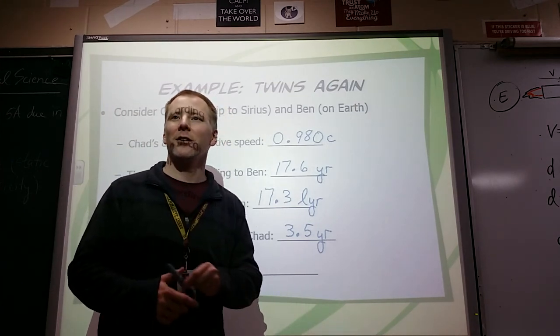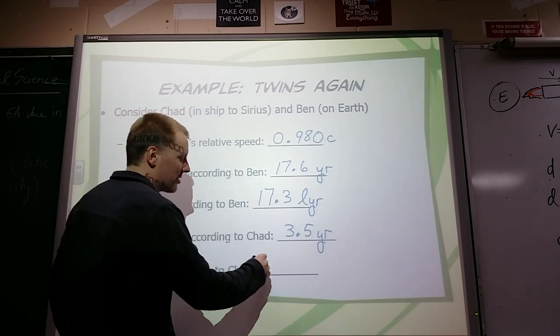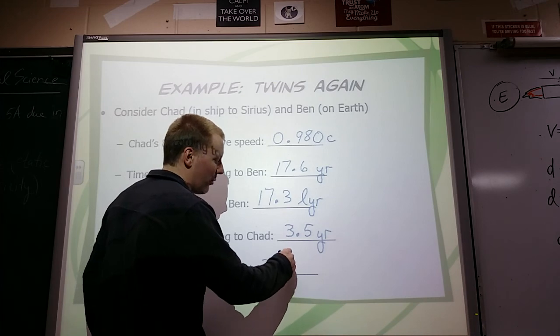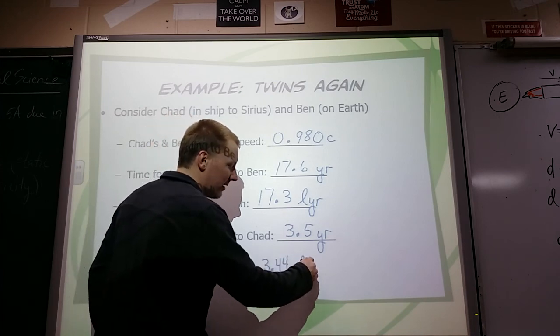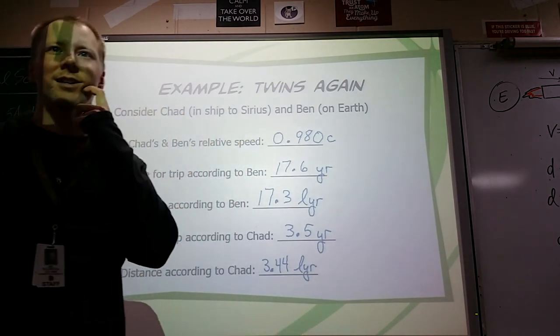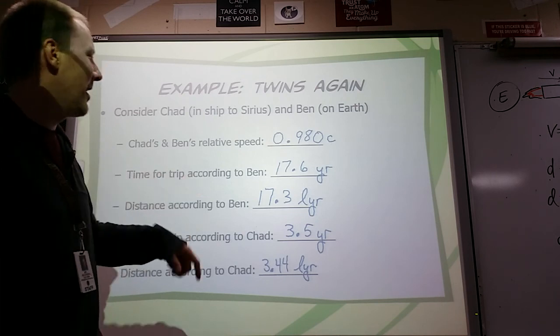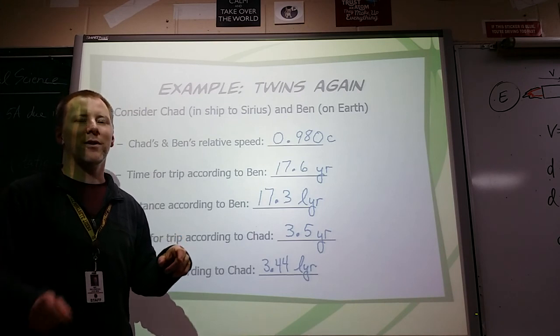The distance is shorter. The distance that you measured while on your ship going at 0.98 c between Earth and Sirius, if you had an odometer on it, would be 3.44 light years, rather than the 17.3 light years that you'd measure from Earth.